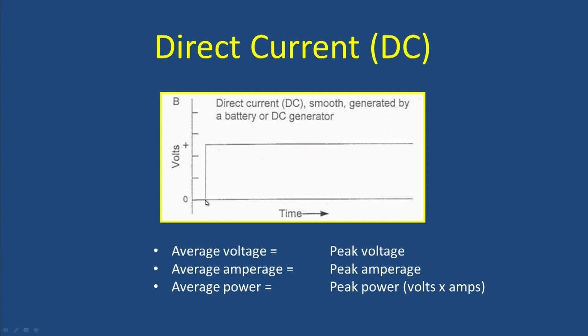If you're using DC, you flip the switch on, the voltage goes up to some level that you set, and then just continues at that voltage level. So for DC, average voltage is the same thing as peak voltage. Average amperage, same thing as peak amperage. Average power, same thing as peak power. So it's pretty simple in that way.